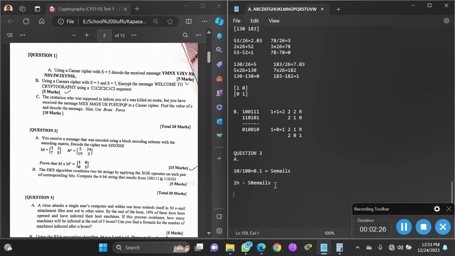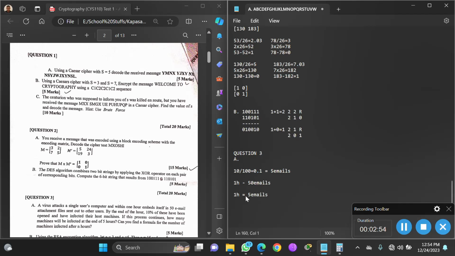Okay, now the question goes on and says, if this process continues, how many machines will be infected at the end of 5 hours? So remember, here we had 1 hour is equal to 5 emails, because 10% we have already done that.